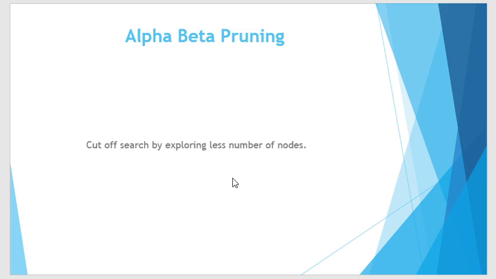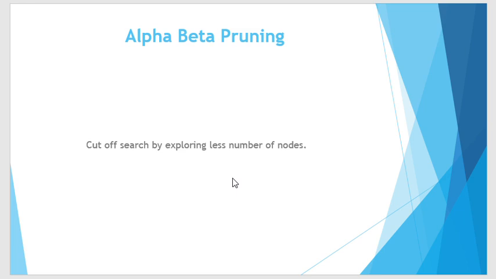that we have to find the best path for the max player. So the max player that we consider at root level. So we have to explore all the nodes to find the best path for him, and time complexity we get is of the order b to the power d.